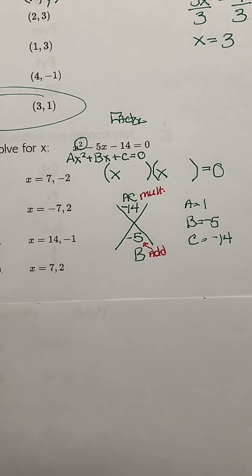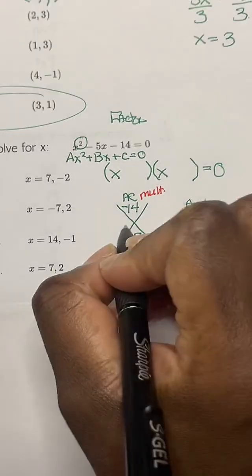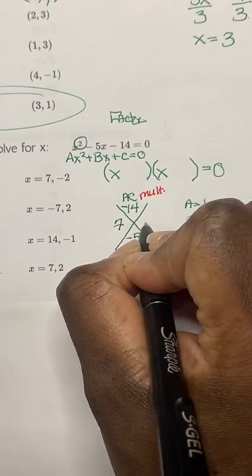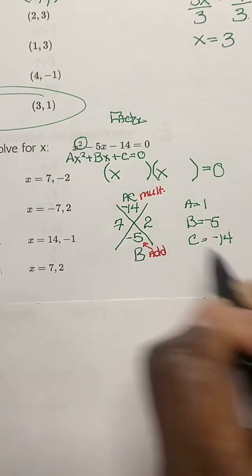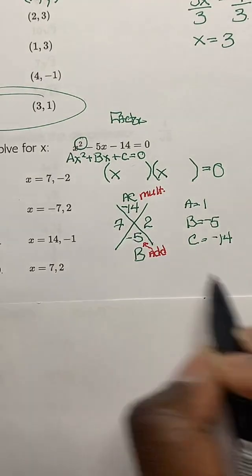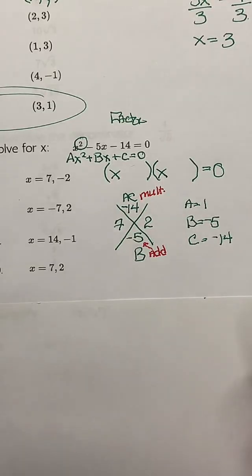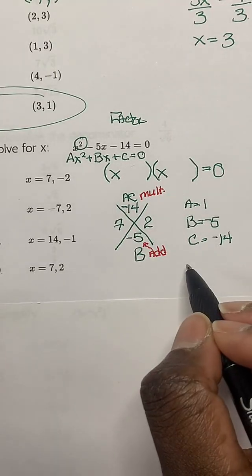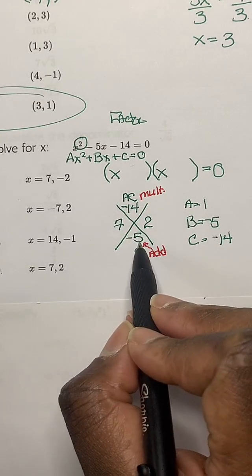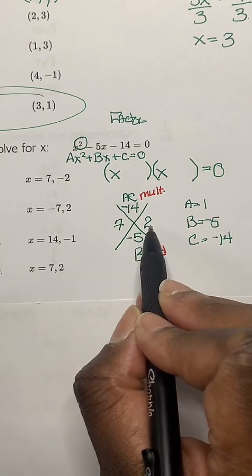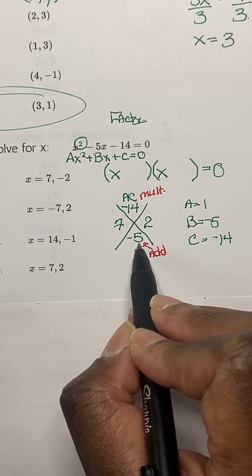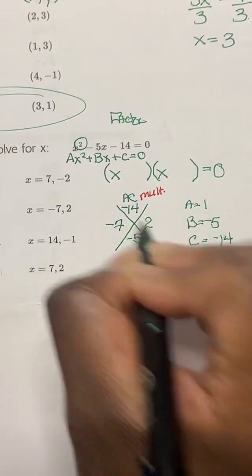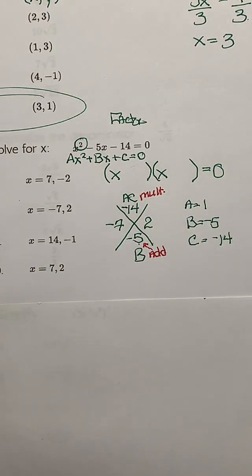So -7 and 2, I think it's B. Knowing our multiplication, we got 7 and 2. That will give us 14, but we need -14, so one of them has to be negative. This is how we figure out which is going to be negative. Because when we add these two numbers together, it needs to give me this b value, -5. That's why the 7 is going to be negative.